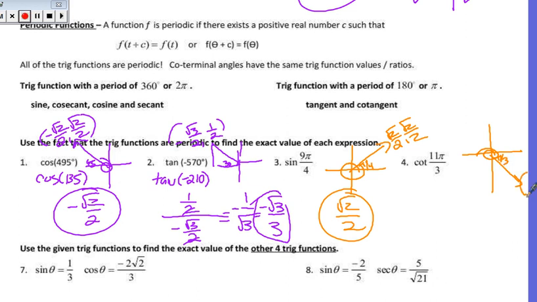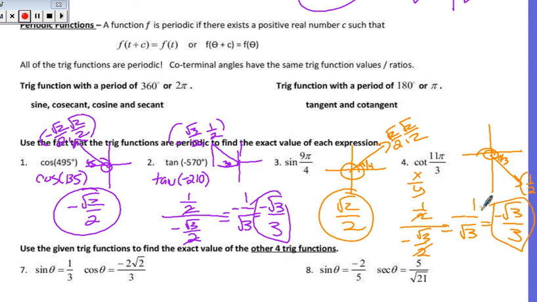That's going to get us a coordinate of 1/2, negative root 3 over 2. We're looking for cotangent, which is x over y. So again, we're at 1/2 over negative root 3 over 2. These guys cancel, negative 1 over root 3, and then, of course, rationalized.